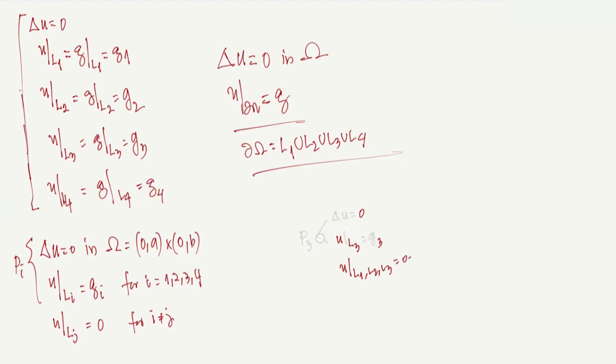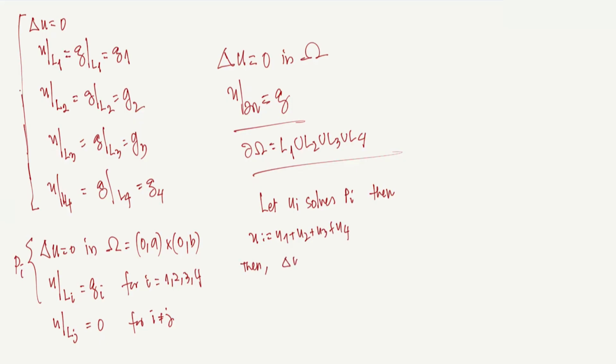Now you see, if we can solve this problem, let's say we solve Pi, let ui solve Pi. Then if you define u, which is u1 plus u2 plus u3 plus u4, what happens to Laplacian of u? Laplacian of u is Laplacian of u1 plus Laplacian of u2 plus Laplacian of u3 plus Laplacian of u4, and all of them are individually 0.